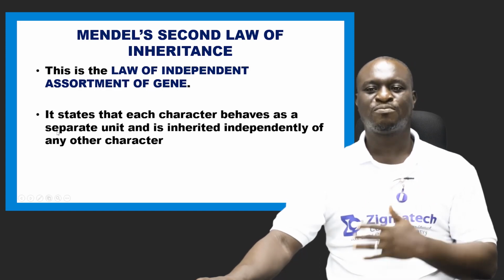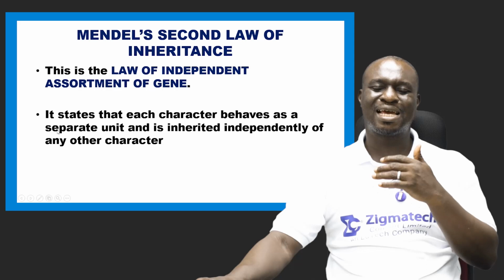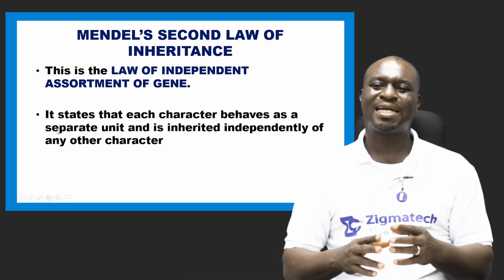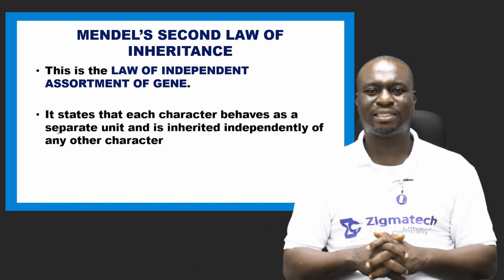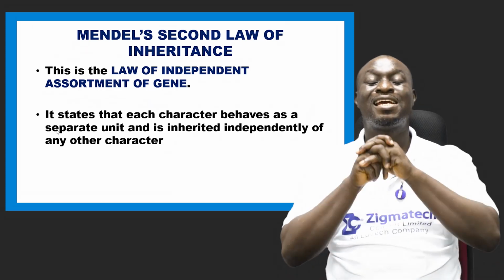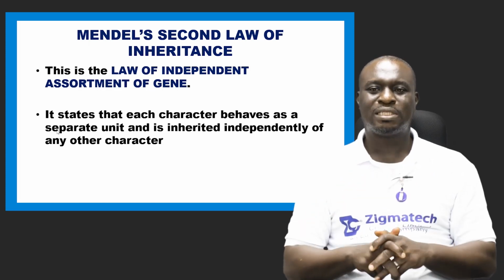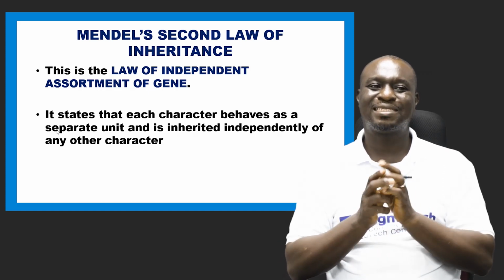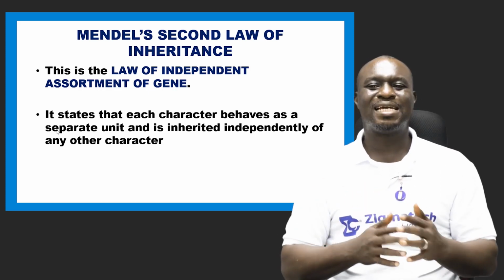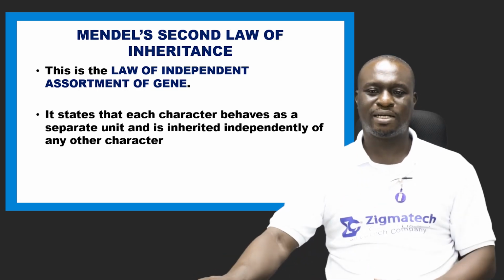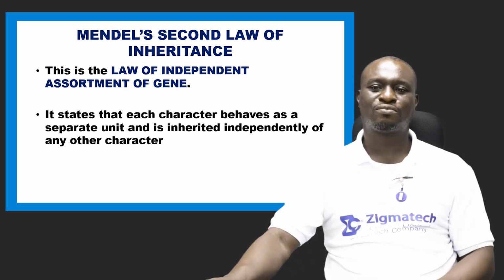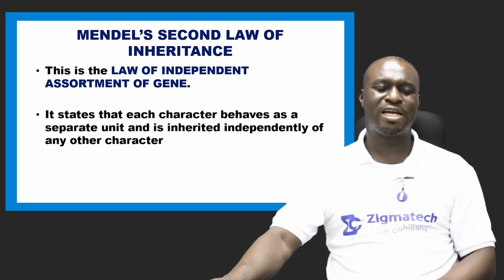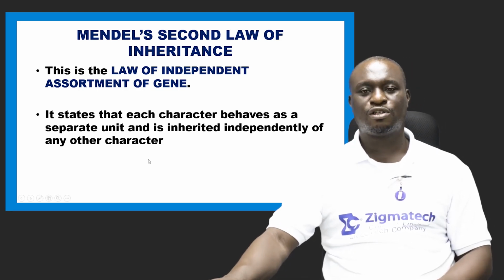This law states that each character behaves as a separate unit and is inherited independently of any other character. I repeat again, it states that each character behaves as a separate unit and is inherited independently of any other character. So that is the law of independent assortment of genes.